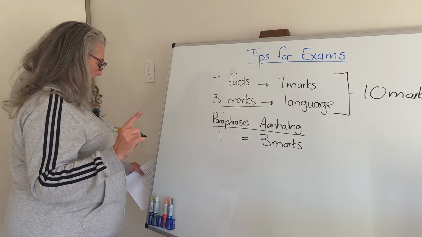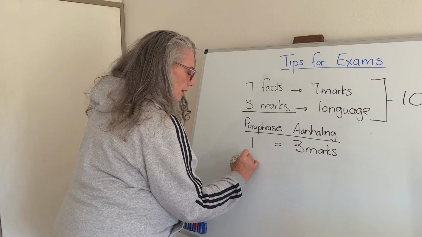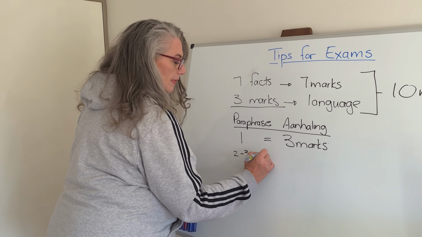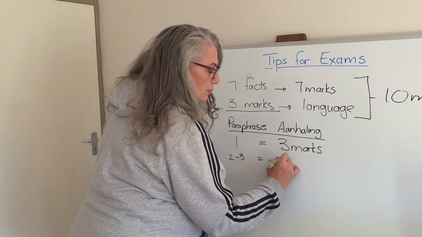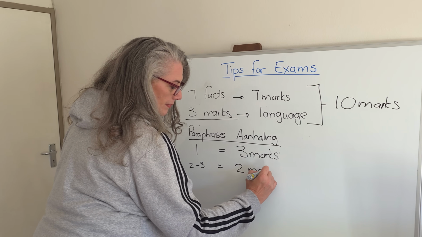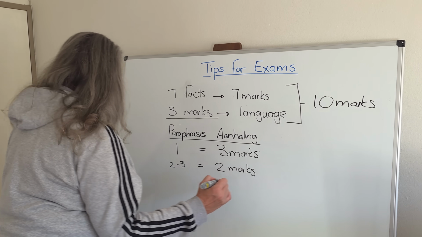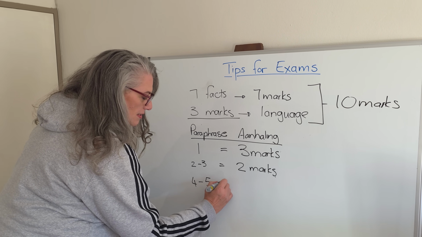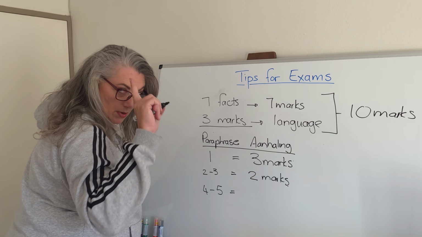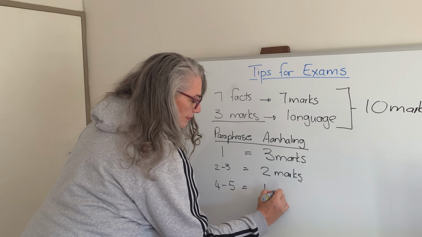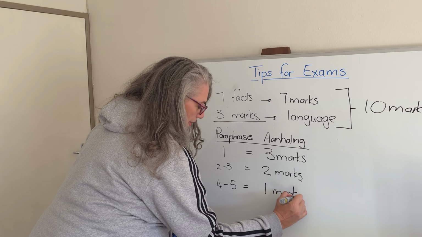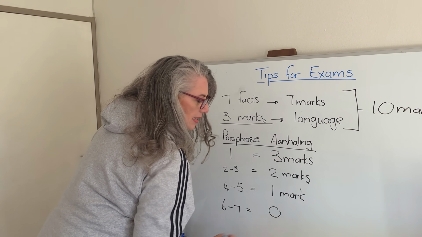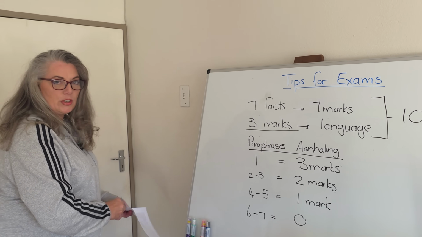However, 2 to 3 paraphrases is a maximum of 2 marks. Four to 5 paraphrases is a maximum of 1 mark. And 6 to 7 paraphrases is no language marks.